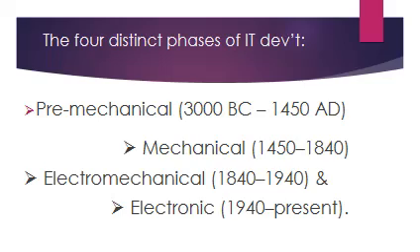On the screen you have things to show how far we've come from pre-mechanical computers, which existed even 3000 BC, to 1450 AD, that's after the coming of Christ, then mechanical computers, electromechanical, and then we are in the electronic age now. Just take note of these first off.